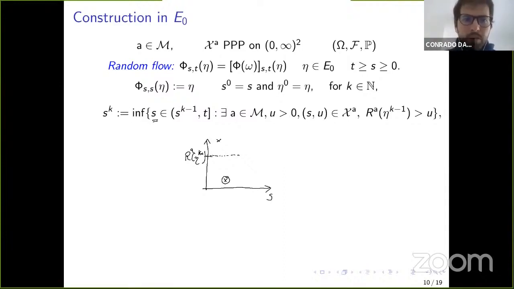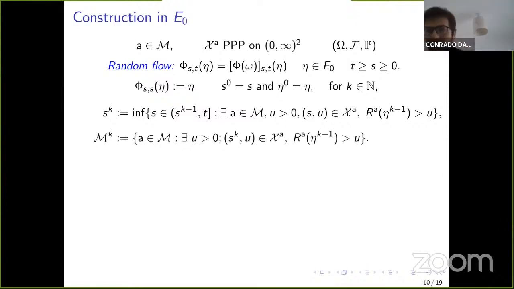This gives us an almost sure definition of the transition. Here I have written, take all possible elements that satisfy that for the specific infimum time, but that's in general a singleton with probability 1.